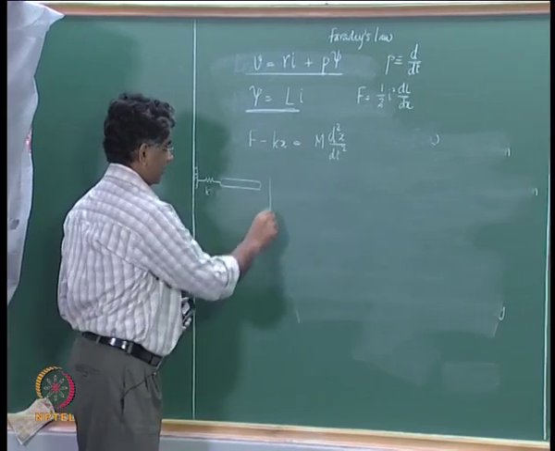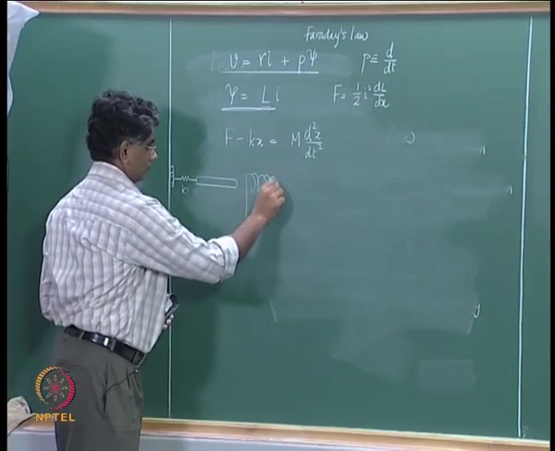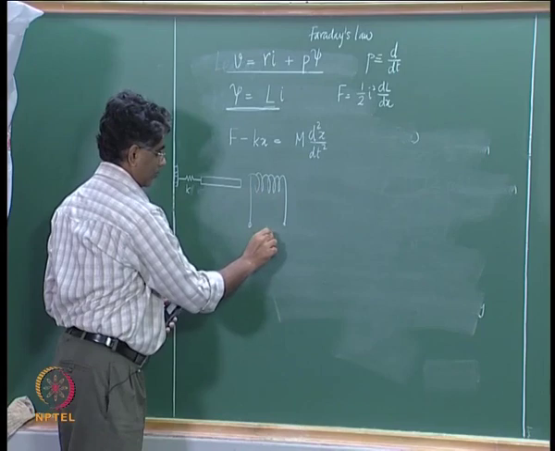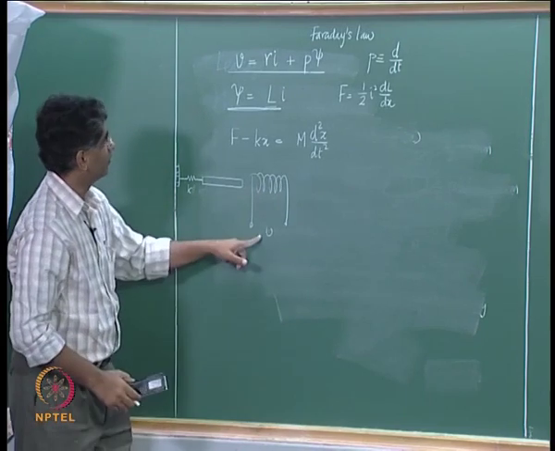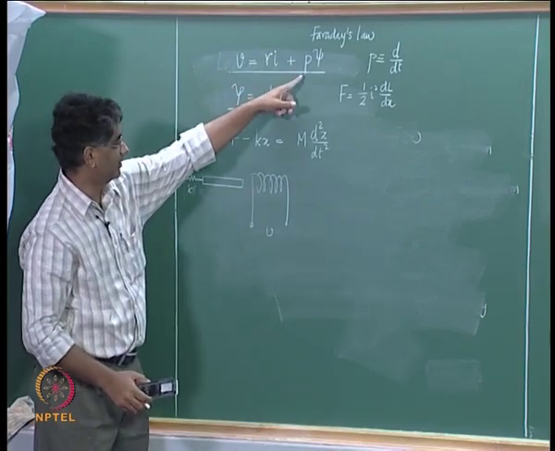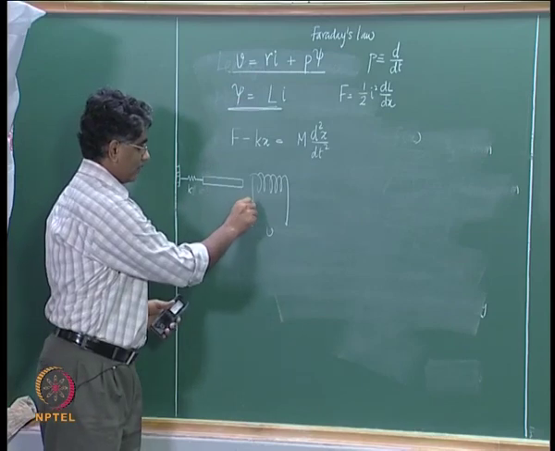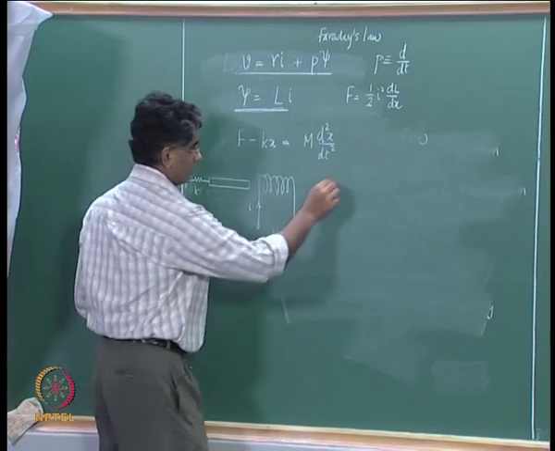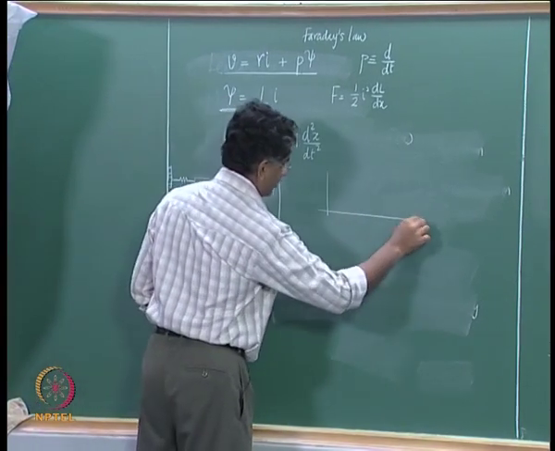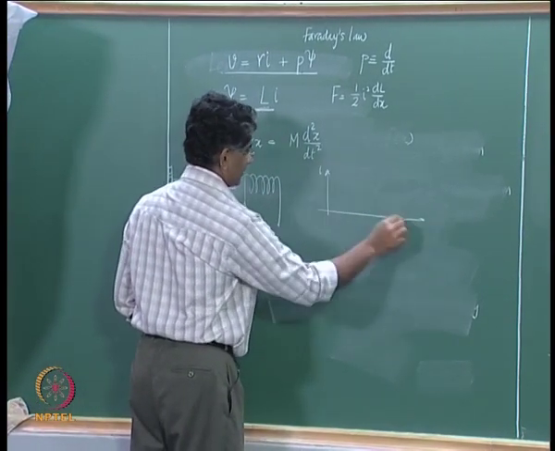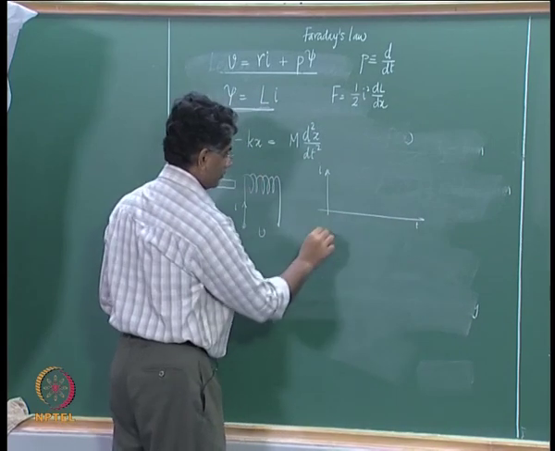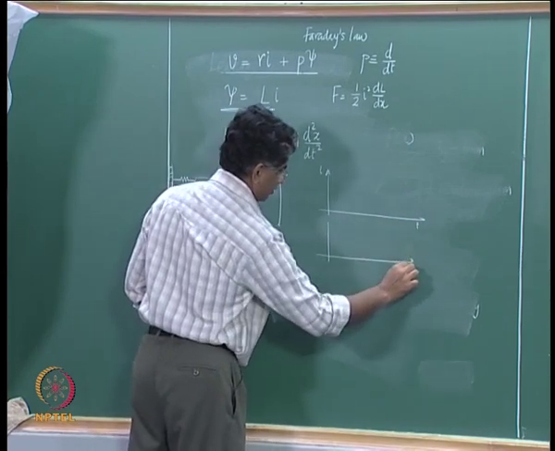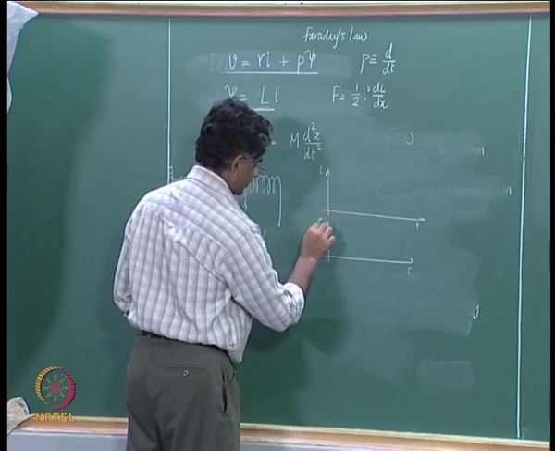You have this coil and the applied voltage V. Applied voltage V is related to I by this expression. So if you solve it, you will know what is the behavior of I with respect to time. So you can plot, by solving, I as a function of time. You can plot force as a function of time.